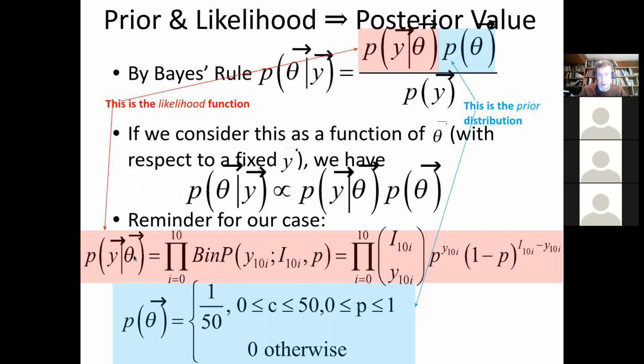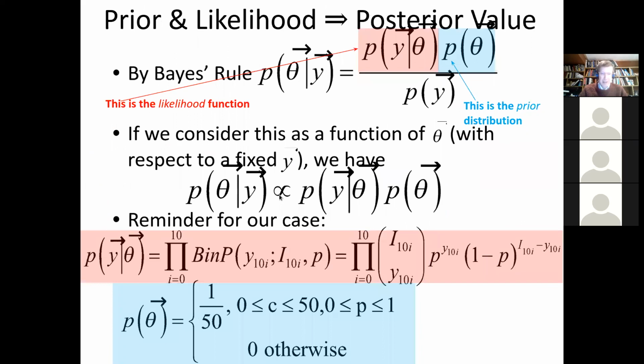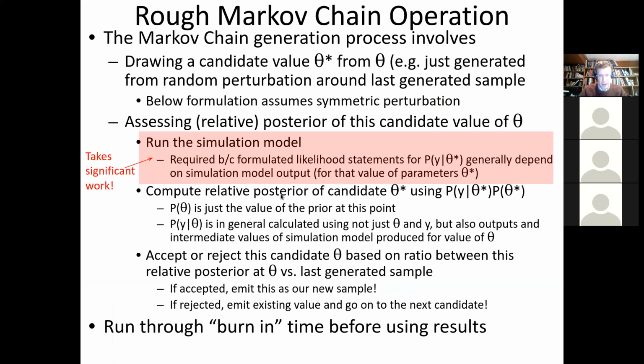Great. And we can evaluate the prior distribution for theta star. Excellent. So we get something proportional to the value of the posterior distribution, but it has this proportionality constant. So what are we going to do? Well, we're going to compare the ratio of it to the posterior at the current point theta. So we're going to be at a certain point theta.